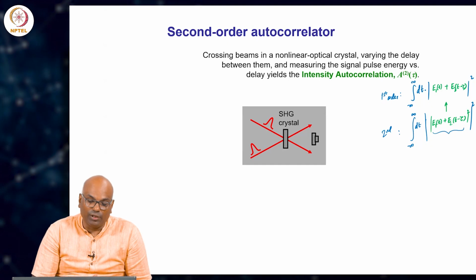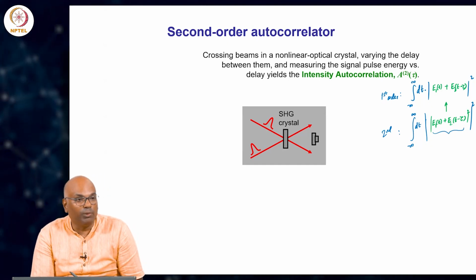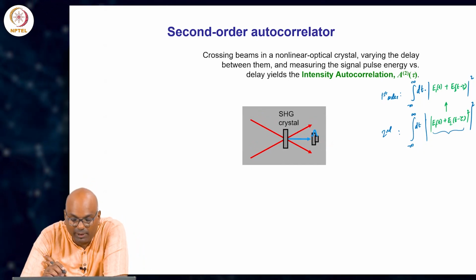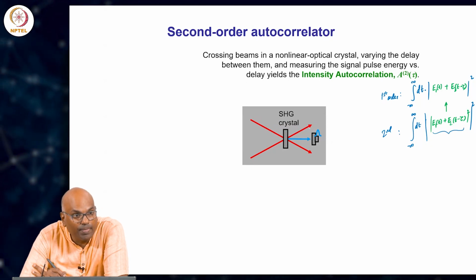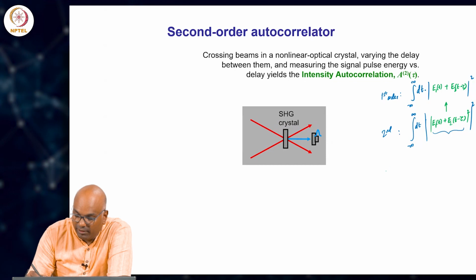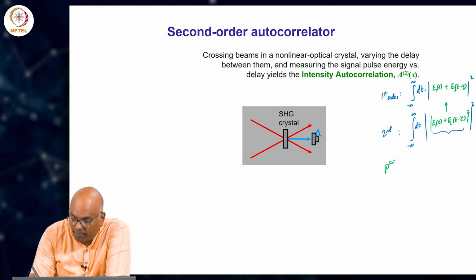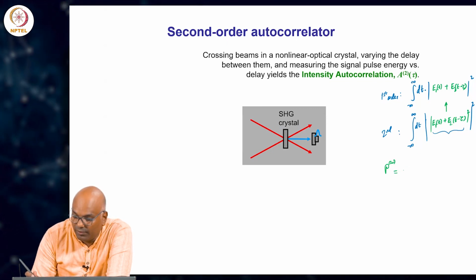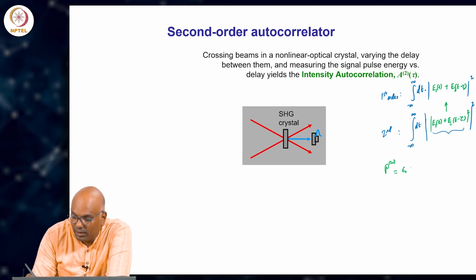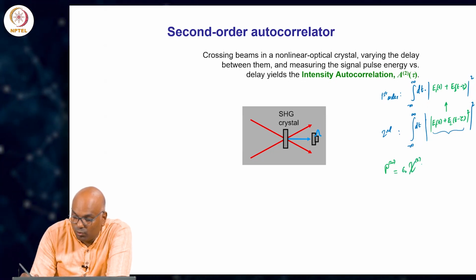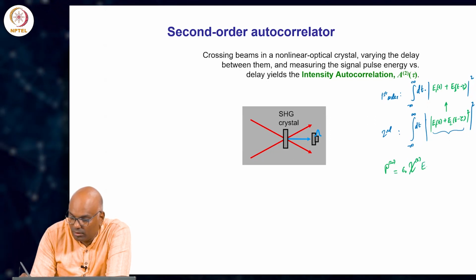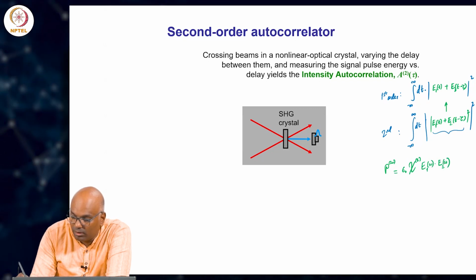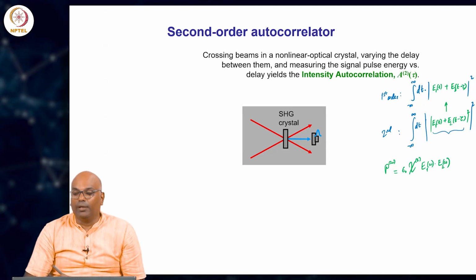Well, we can use a second harmonic generation crystal, whereby you focus these two pulses coming along different paths, and the crystal generates a signal oscillating at twice omega, if omega is the oscillation frequency of the incident pulses, which is epsilon naught chi 2 E1 of omega E2 of omega.